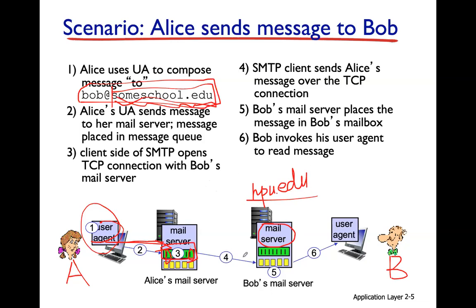I will contact this mail server to say, hey, I have one email for you. The server socket will accept if it's okay, then it will set up the connection. So this is the client connecting to the server socket. Then it will send out the message, and this message will be kept at a certain place.